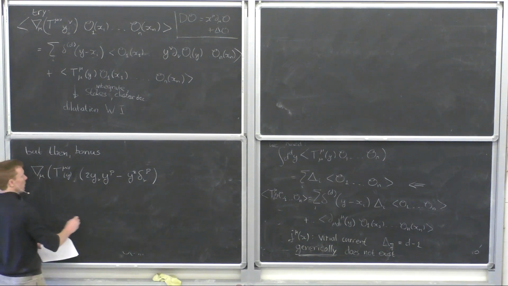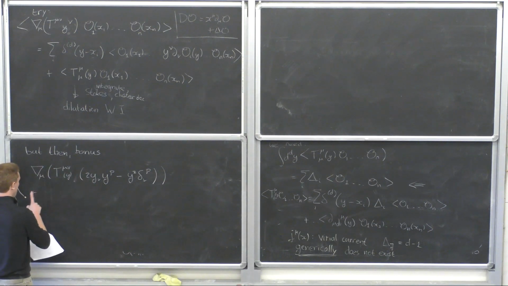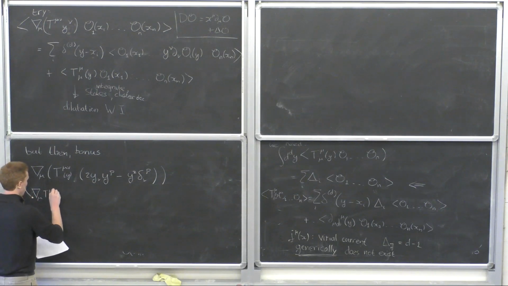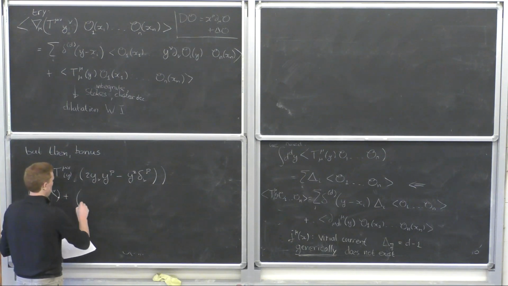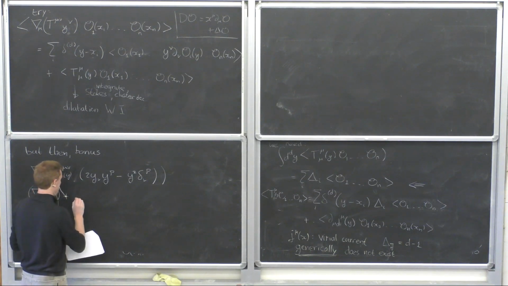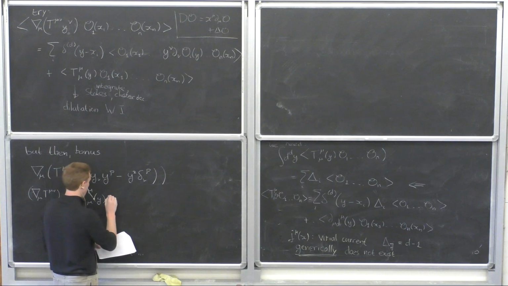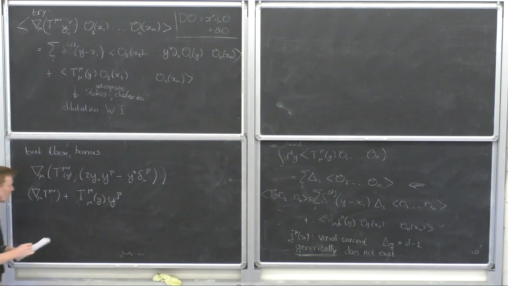What is this? Well, it is a derivative hitting the stress tensor, so it's d mu T mu nu plus 2. Well, you can work out a little bit, and what you'll find, with again very little work, is that this is proportional to the stress tensor times the trace of the stress tensor times the y rho.